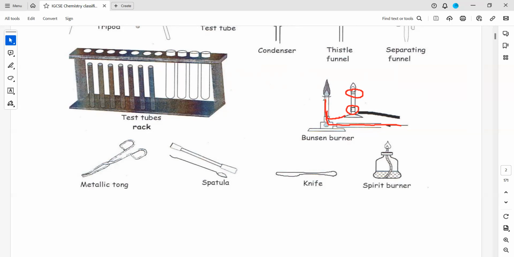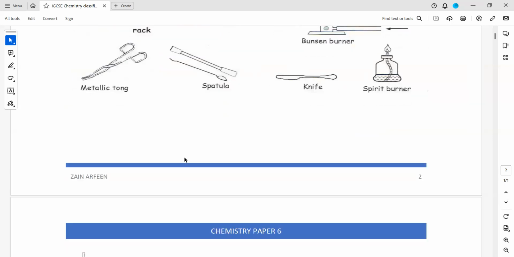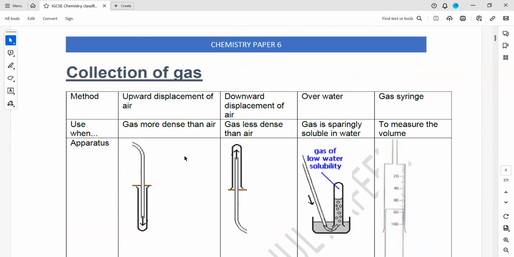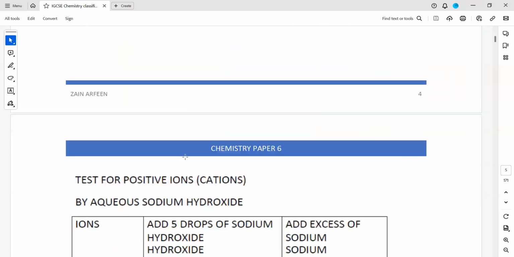There are air holes near the collar as well. So what we can do is open the air holes, so the maximum supply of oxygen should be there. And when we have a maximum supply of oxygen, it will burn completely. And when it burns completely, as a result, what will happen? It will produce a hot flame.